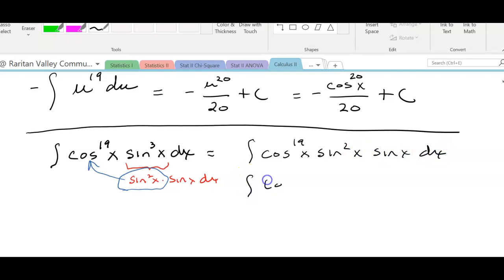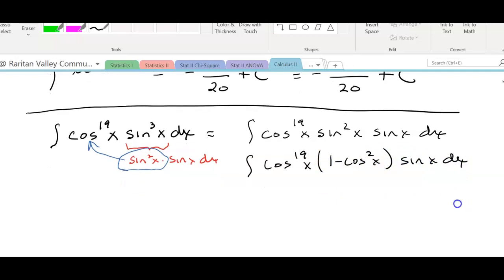All right, so that's cosine 19x. Sine squared is simply 1 minus cosine squared, times sine x dx. I'm actually getting somewhere. Let's go ahead and distribute that across. Doesn't that give me cosine 19x minus cosine 21x, all that times sine x dx?